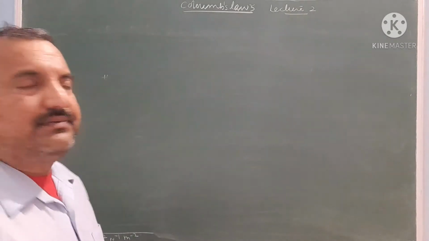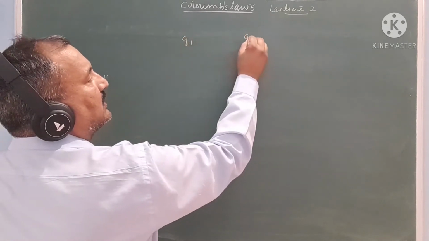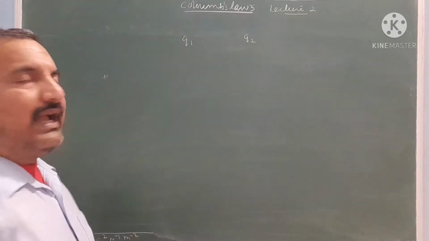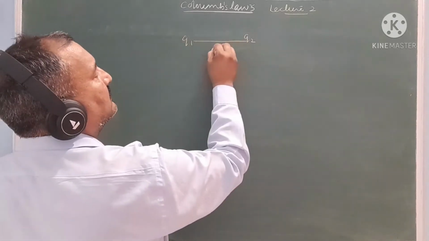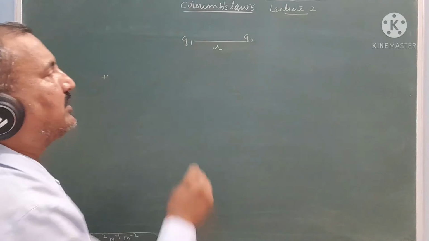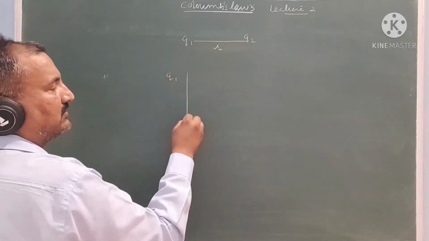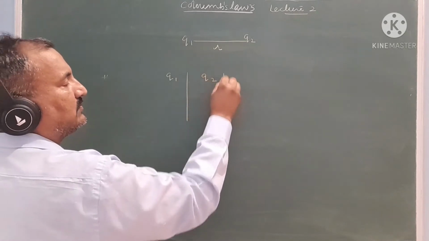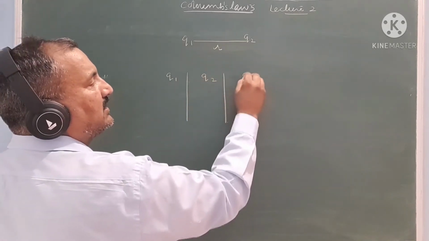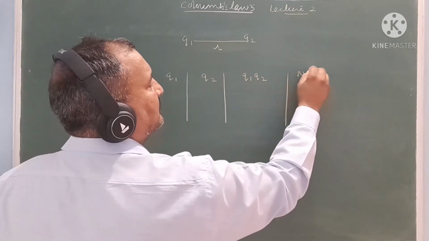Now suppose these are the two charges, Q1 and Q2, and r is the distance. You have to remember one table, that is Q1, Q2, and the nature.